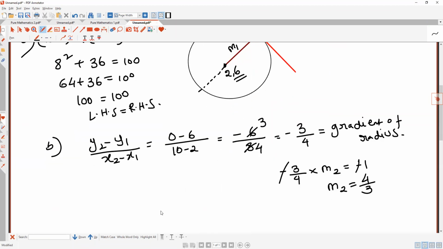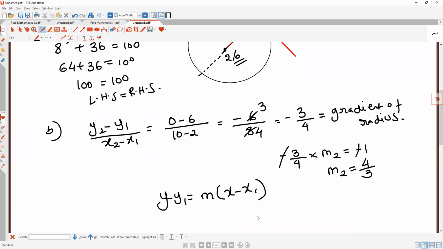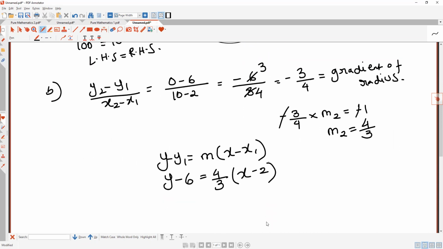All you have to do is y minus y1 is equal to m times x minus x1. So y minus y1, what is it? 6. M is 4 by 3. X minus x1, what is x1? 2. Bring the 3 over here and write 3 times y minus 6 is equal to 4 times x minus 2.